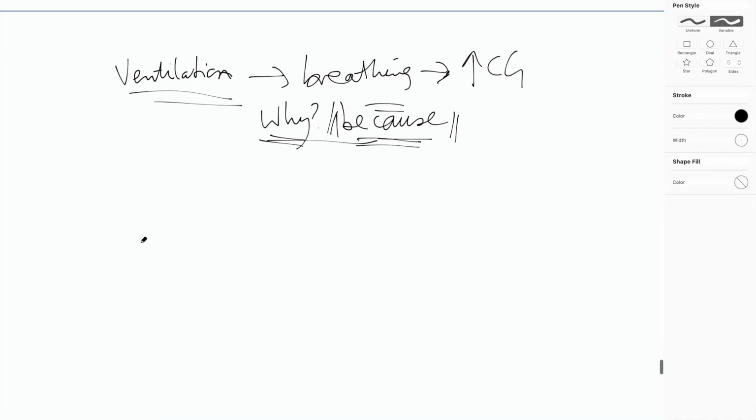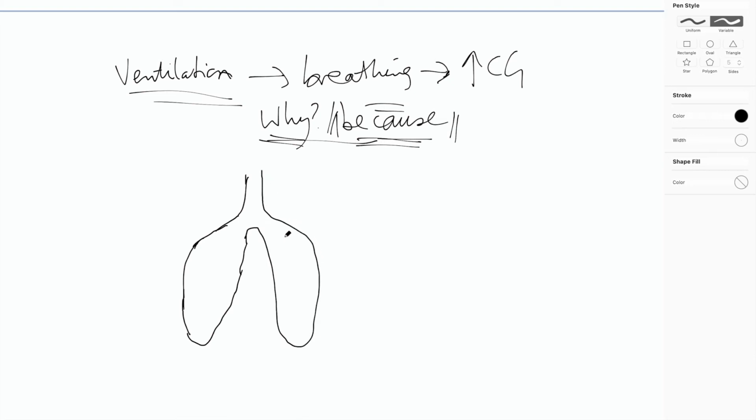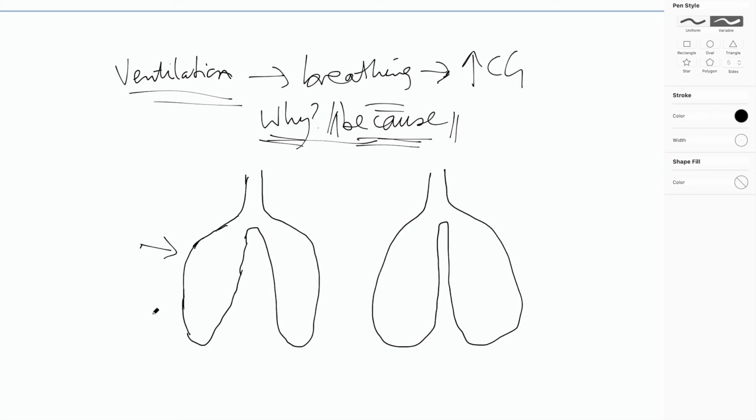Okay, so ventilation, what's it doing? Well, ventilation essentially is the process of expanding the thorax and causing the lungs to basically be pulled outwards. Let's just imagine two states. Let's call this one an exhale, where the lung volume has reduced.